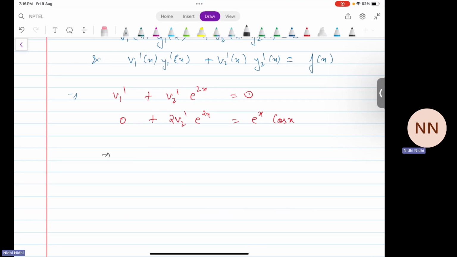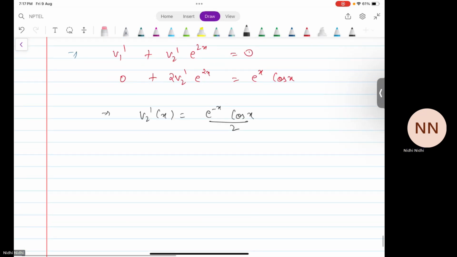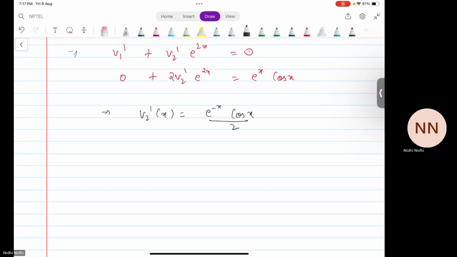So this gives us v2 dash x is equal to e to the power minus x cos x by 2. Now we can simply use integration by parts to integrate it.